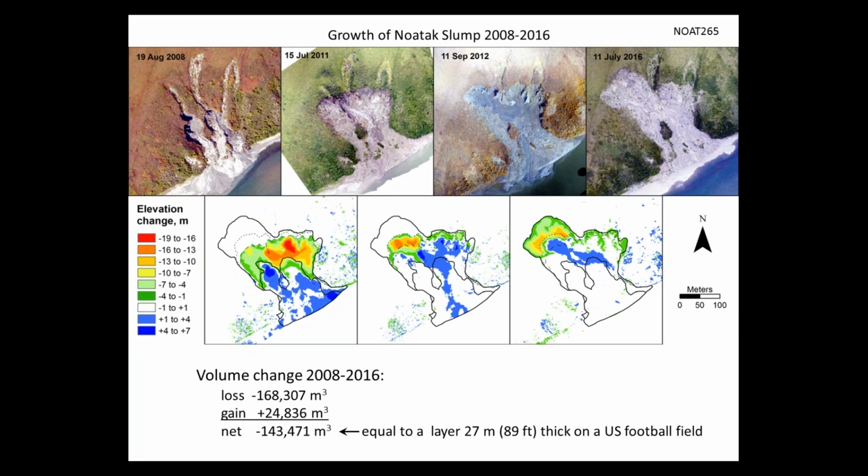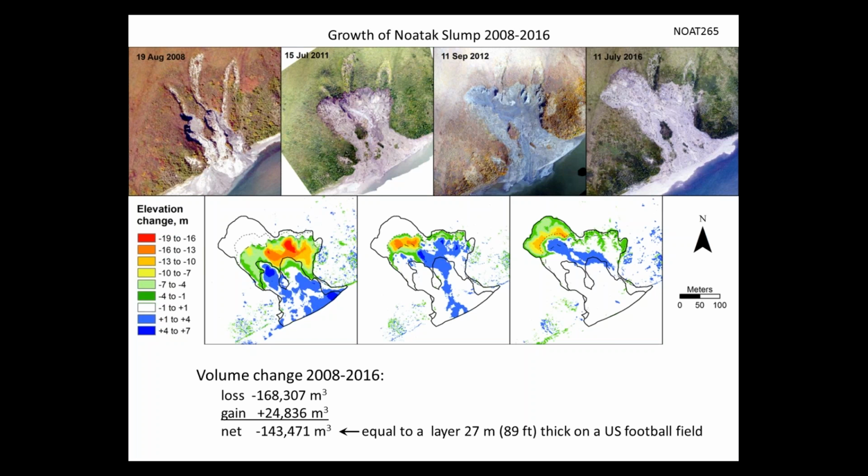So this is back to that big no-attack slump, just again illustrating the growth through time, with the red being subsidence. In this case, the dark red is subsidence of more than 16 meters, so that's really a lot of subsidence. And then the blue is accumulation, which tends to occur just downslope of where the subsidence is occurring.